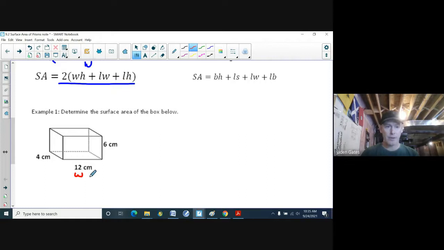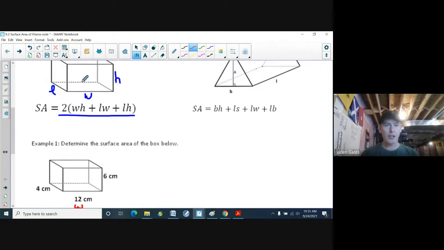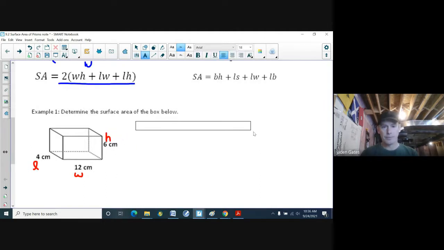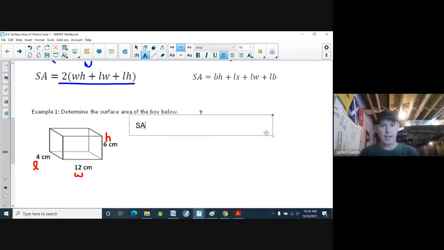There's my width, my length, and my height. Now this formula, surface area, SA, is equal to 2 times WH plus LW plus LH.